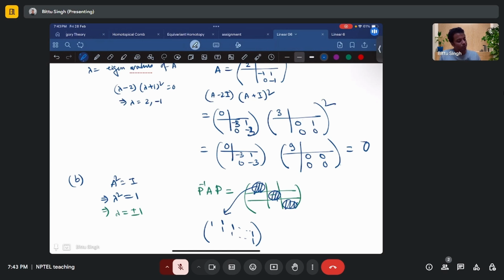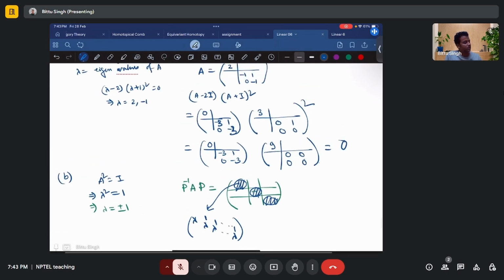So now given lambda is 1, all those diagonal entries should be 1. Those are usually lambdas, the repeating eigenvalues. Now P inverse AP should look like 1s everywhere on the diagonal, and there are some blocks, right?